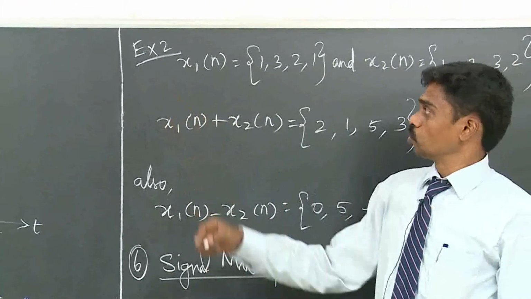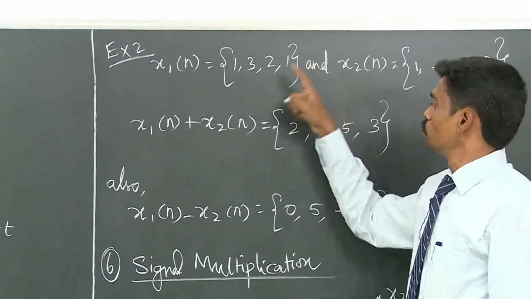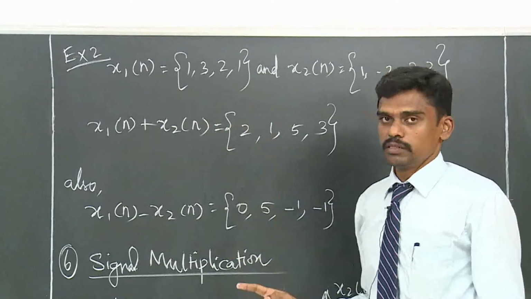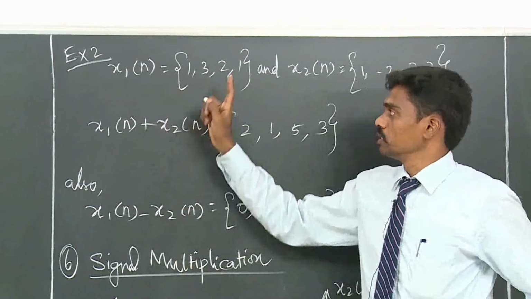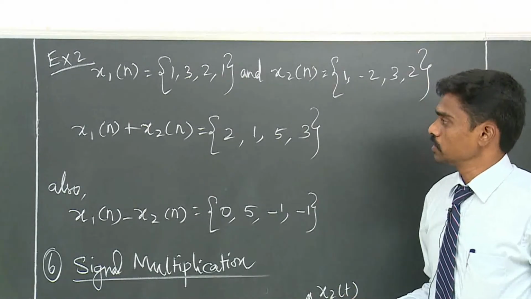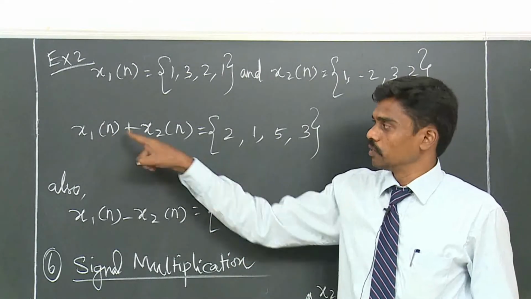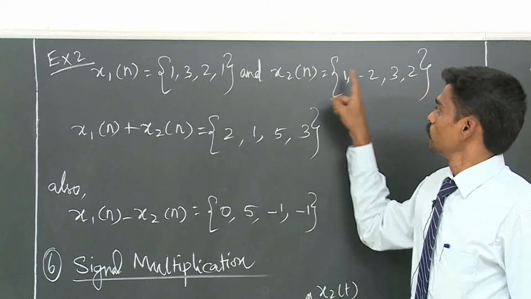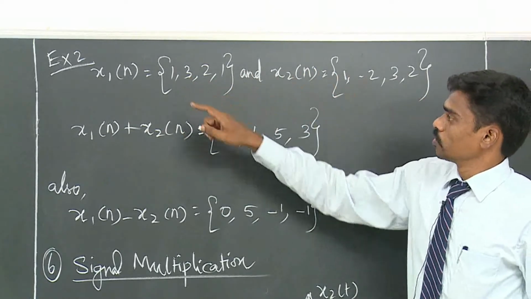Now x1 of t and x2 of t. Here I am going to take two signals, both discrete time signals, discrete time sequences. If you attempt to find x1 of t plus x2 of t, you just add the values. This will be the origin.